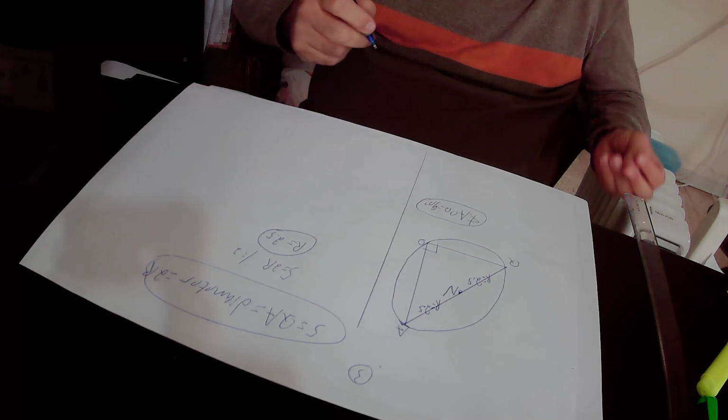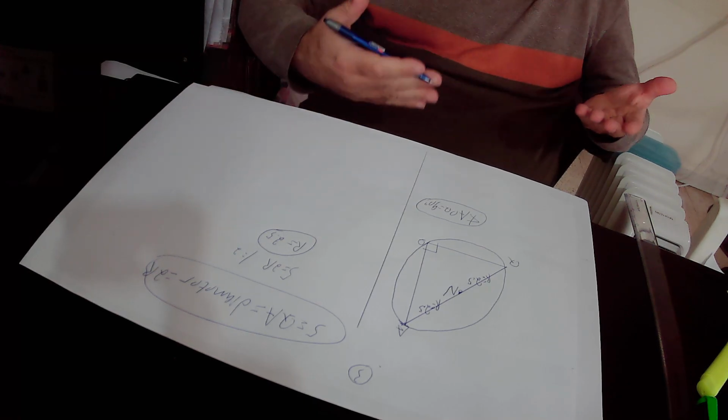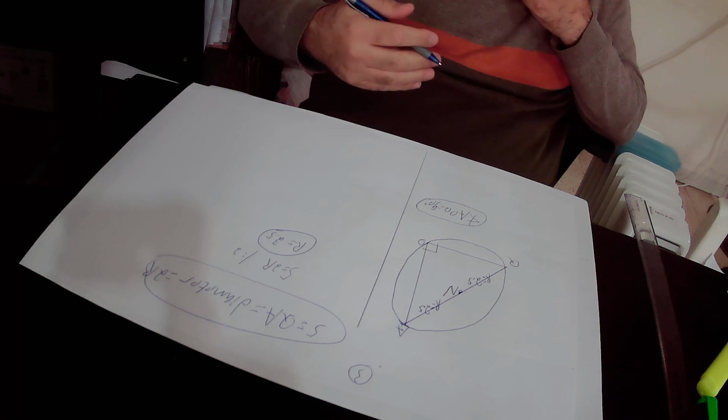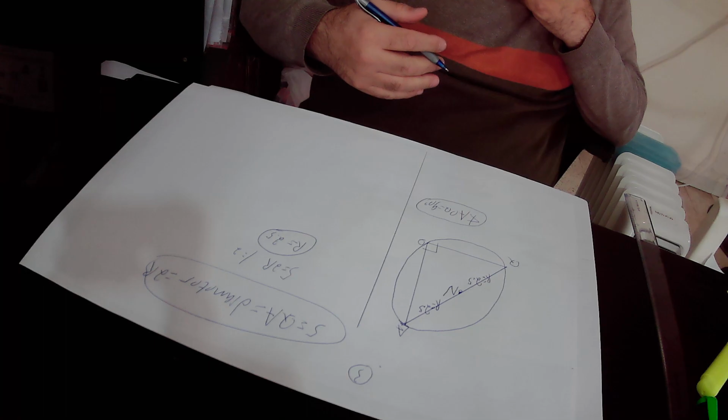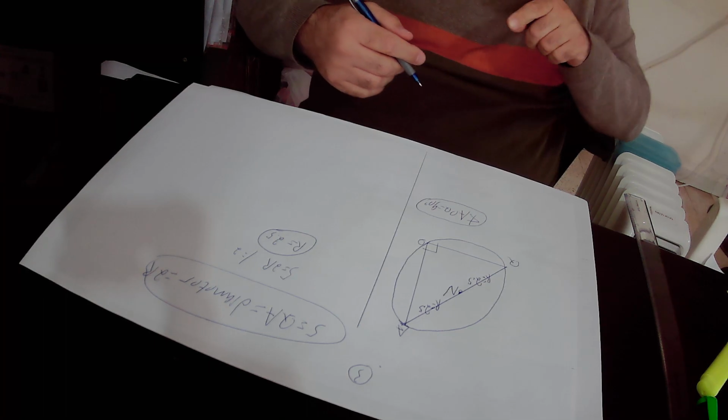And we also can say that the center of any circle is located at the touching point of the two radii.